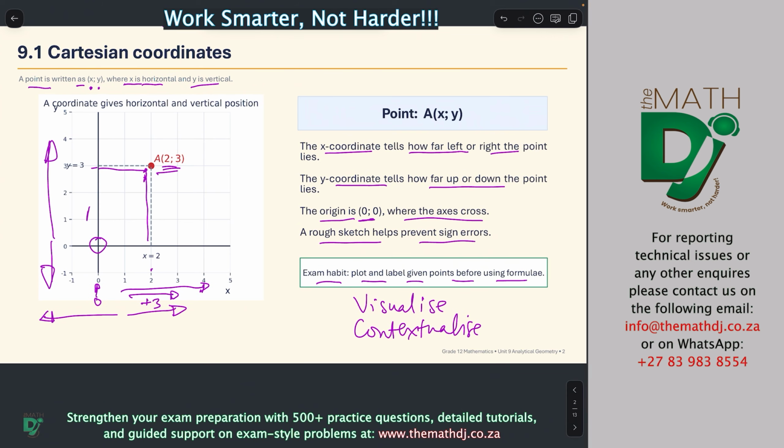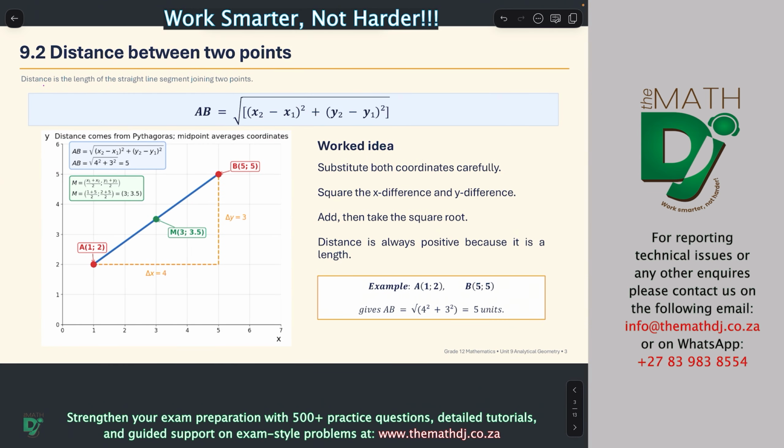So let's move on. Distance between two points. Distance is the length of the straight line segment joining two points, right? If you've got point A and point B, this line is what we call the straight line segment.